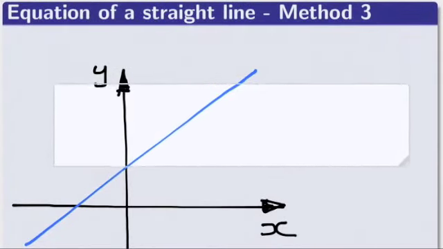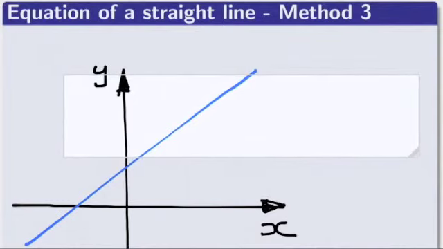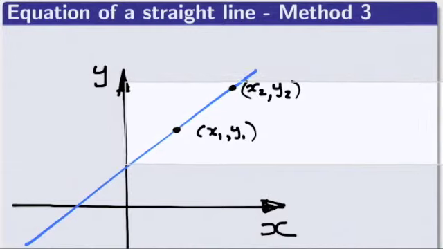Equation of a straight line, method 3. We looked at 2 methods so far. Suppose you're given 2 points on the straight line, so you're given coordinate x2, y2, and coordinate x1, y1, and we want to find the equation of the straight line.